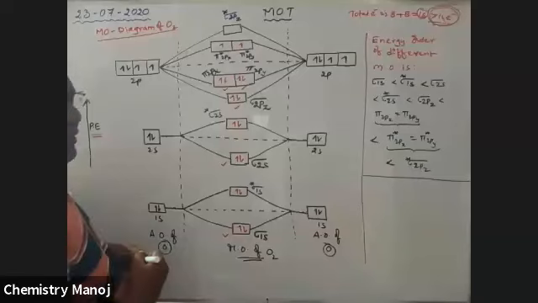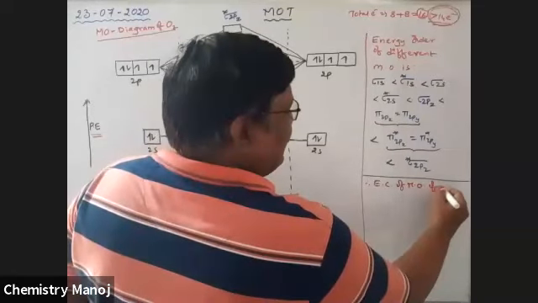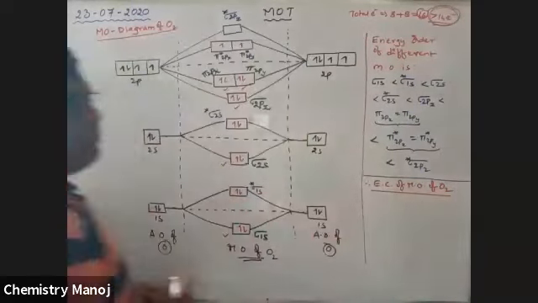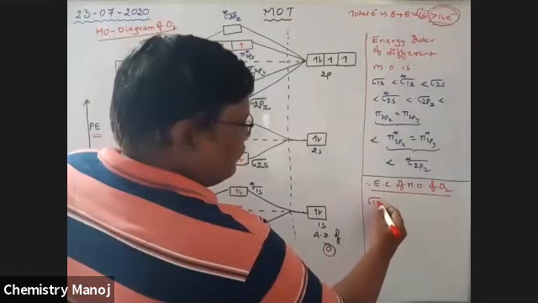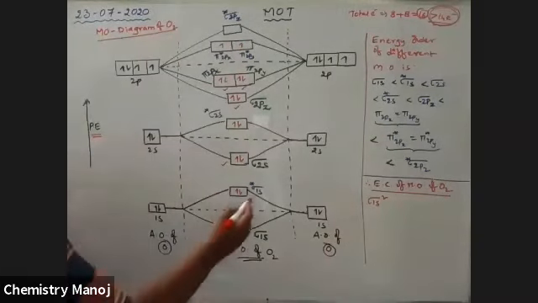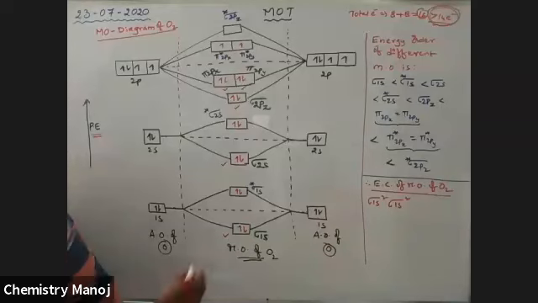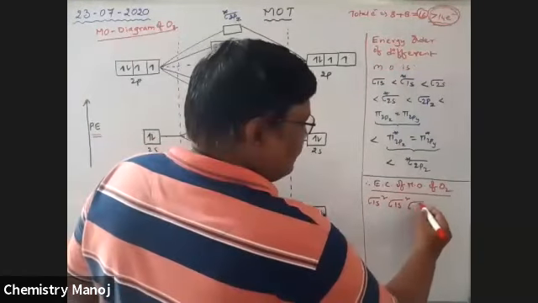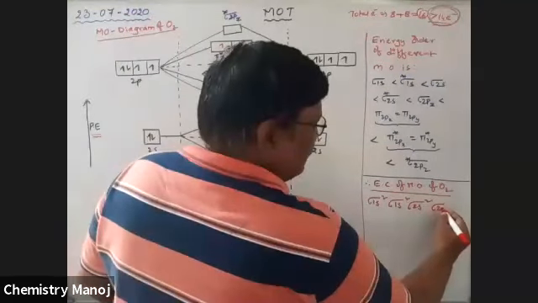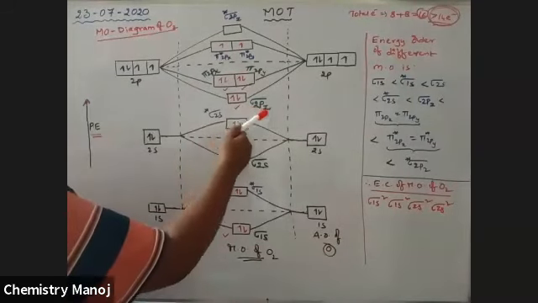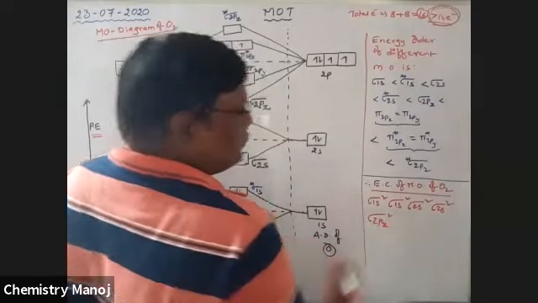So the electronic configuration of the molecular orbitals of O2 is sigma 1s2, sigma star 1s2, sigma 2s2, sigma star 2s2, sigma 2pz2.